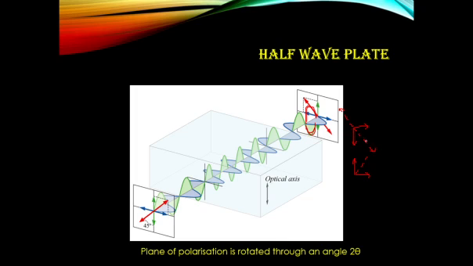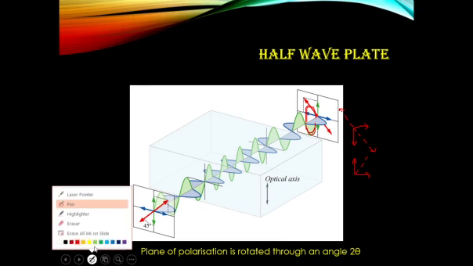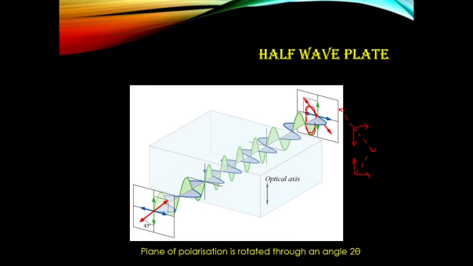So the resultant will be along this direction. How much has the polarization been rotated? Initially it was like this with upward vibration, and now it has rotated by this much amount. That would be 2 theta. So that is how we get a 2 theta rotation once it passes through a half wave plate.